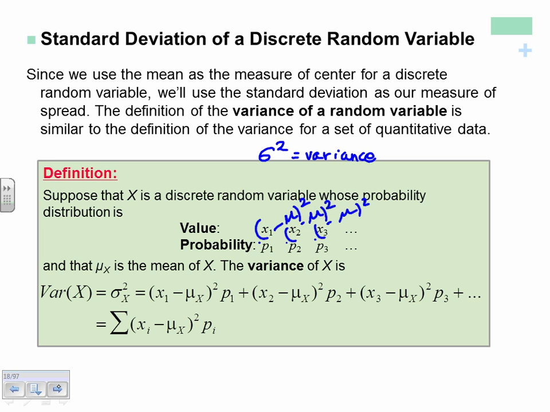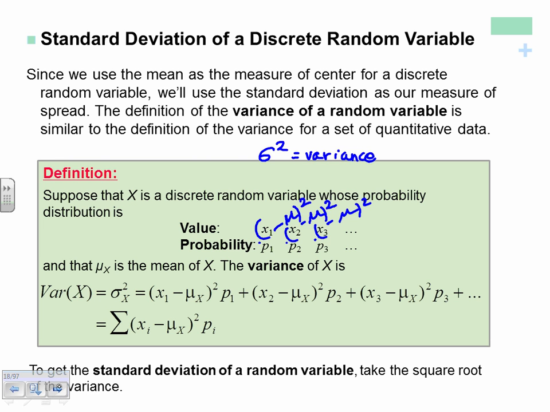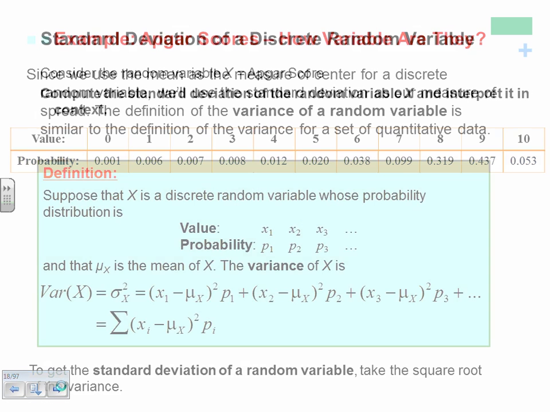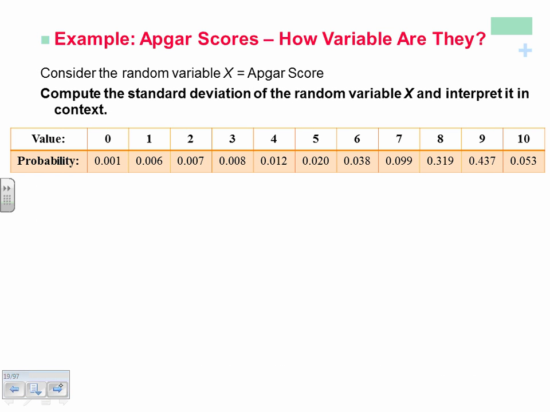Take the square root. Or we could put those into the list in our calculator, which I would highly suggest. So I would put that in list 1, that in list 2, do one variable statistics, and then do list 1, comma, list 2.